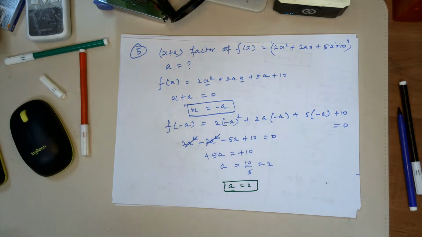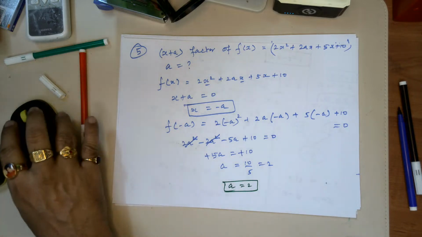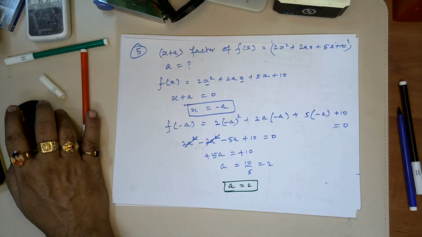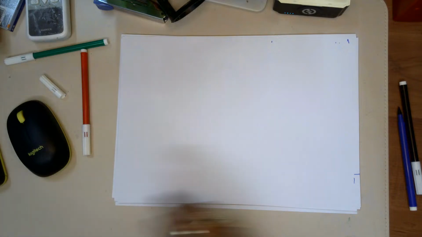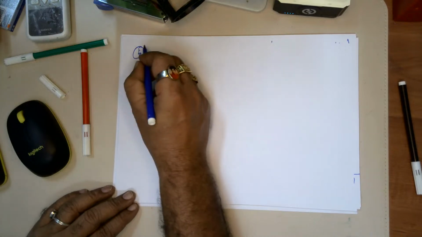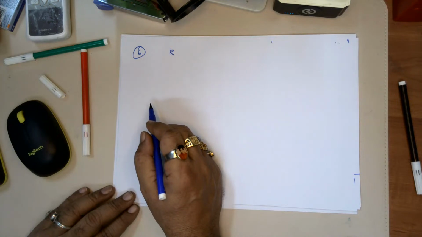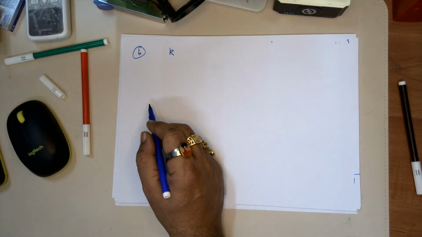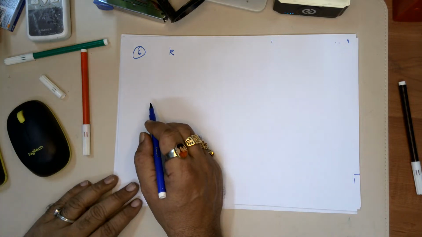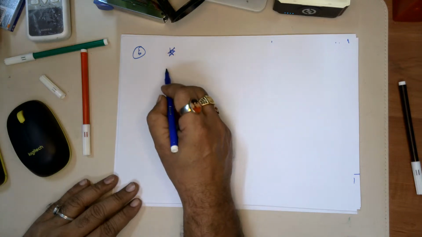Now let us move to the next problem. For what value of k is minus 4 a zero of the polynomial? Please take down the question. Let me write so that you can understand.